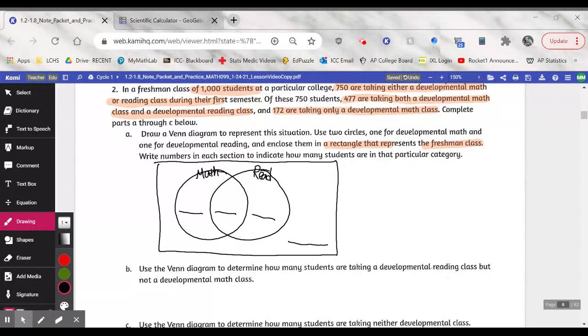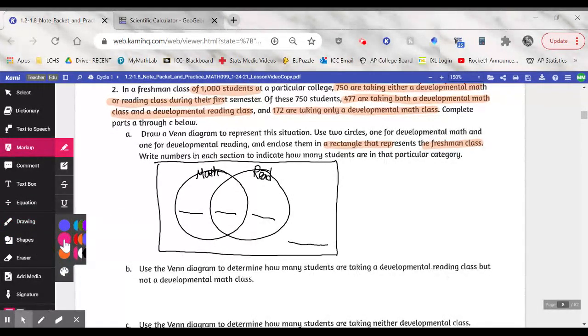So what I want us to do is figure out if we have any of the numbers that fit exactly into one of the spaces. So I'm going to go ahead and label or color the math only section as the pink.